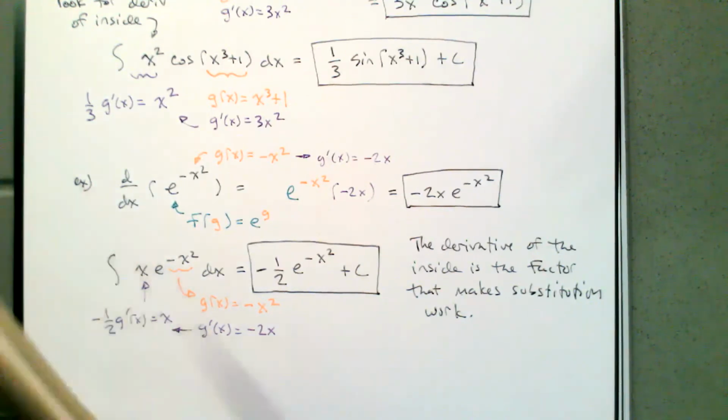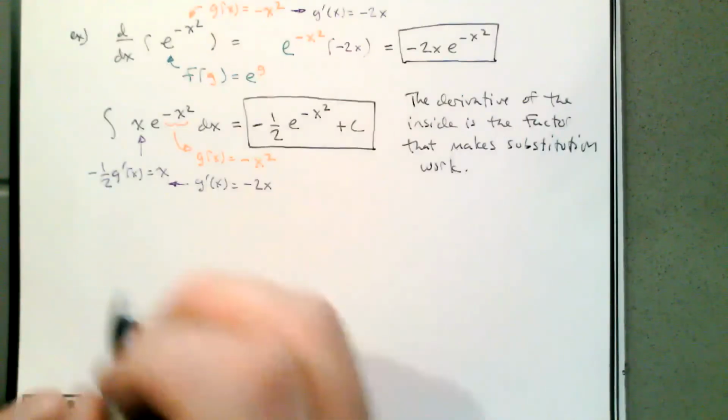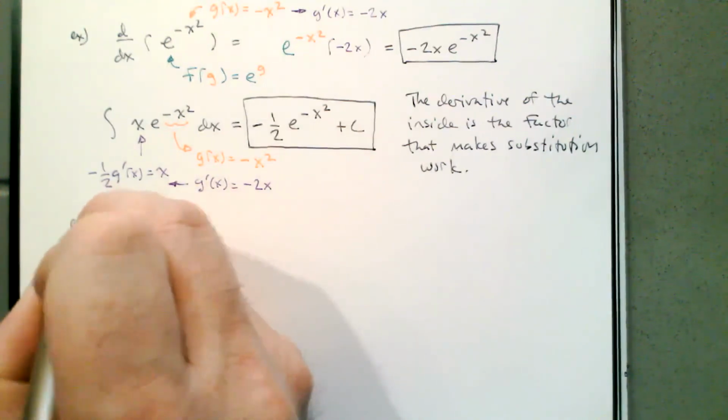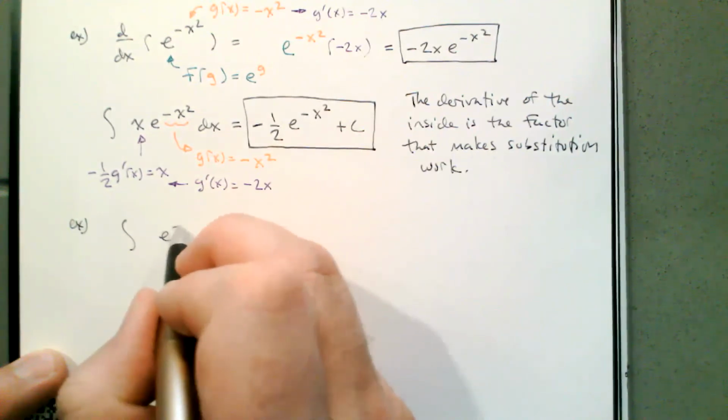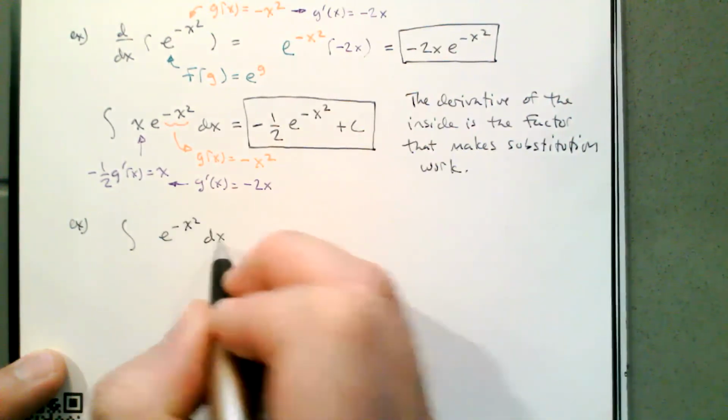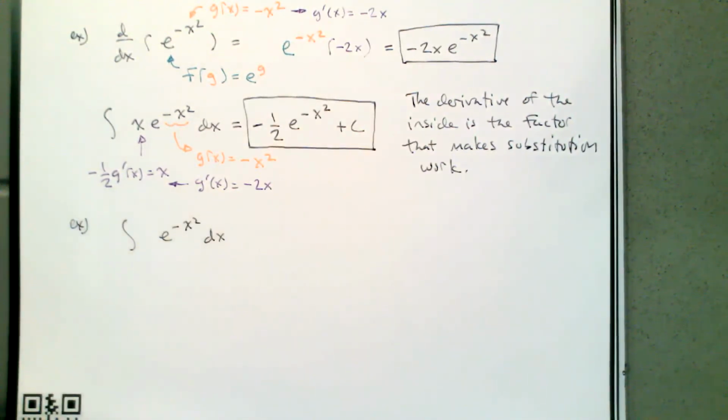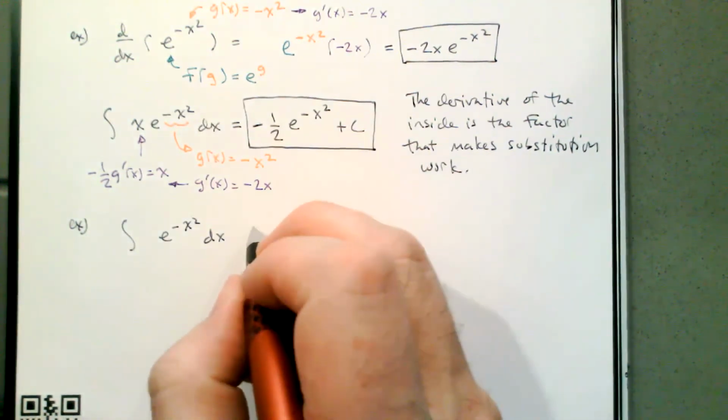So, for example, if we wanted to try to integrate, let's say, just e to the minus x squared dx, I can't do a substitution of minus x squared because I don't have a constant multiple of negative 2x to be the derivative of the inside. So this is not substitution.